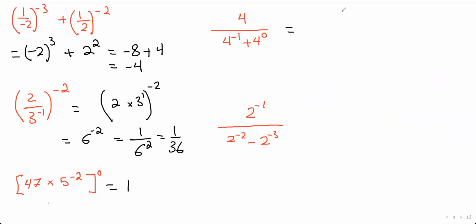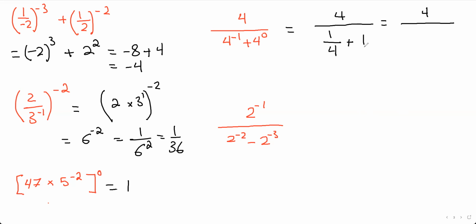Now here we're going to get a little bit more complicated. But what you're allowed to do here, you're allowed to go 4 over. 4 to the negative 1, we don't like negative exponents, so I'm going to change it to 1 over 4, plus 4 to the power of 0 is 1, because anything to the power of 0 is 1. What do I do next? Next, I'm going to keep the 4 on top.